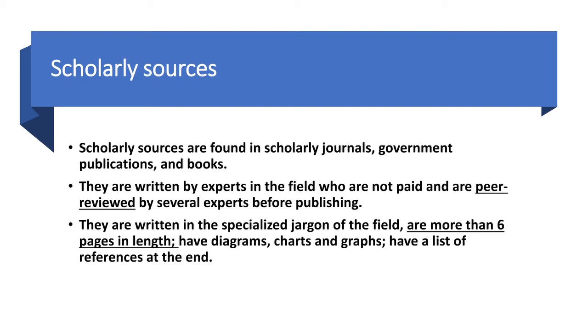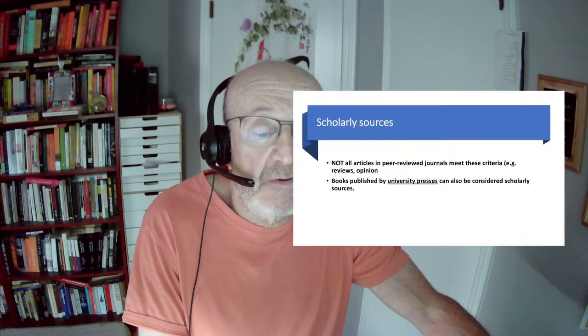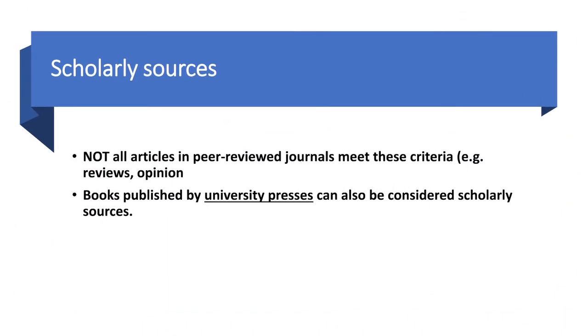Now be very careful. Don't be thrown just because an article is in a scholarly peer-reviewed journal. If it doesn't meet this criteria, it is not considered a scholarly source, and you will not receive credit for using it in a source evaluation.